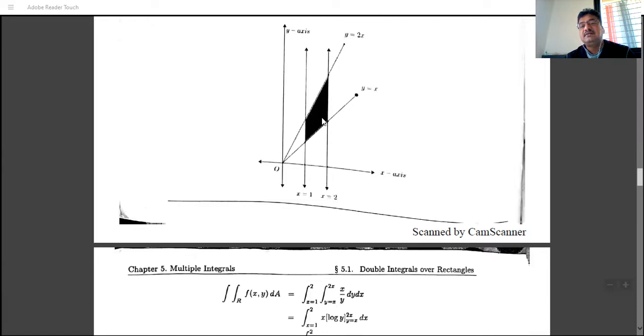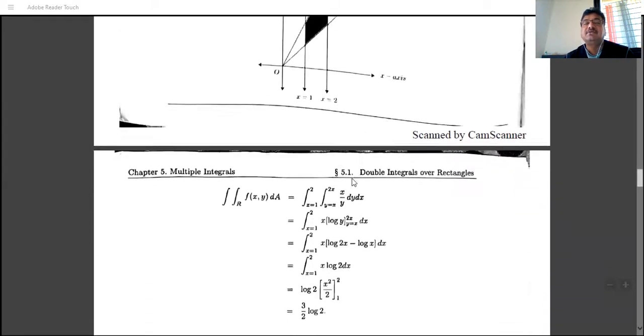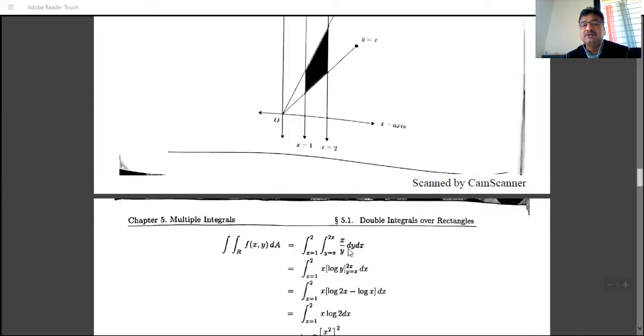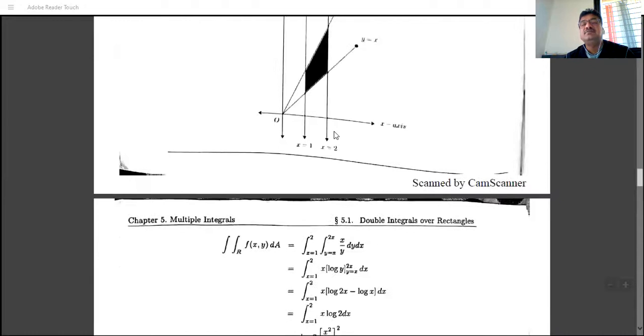This becomes complicated, because if you move the strip, it touches this region up to this point, but after this point the line touches this other one. So we have to divide this region into two parts, R1 and R2, and then take the integration over R1 plus the integration over R2.